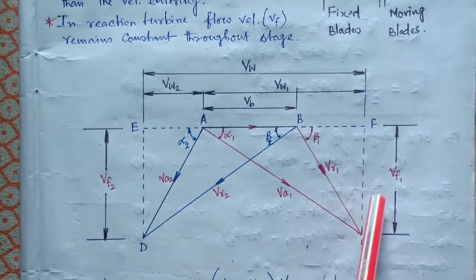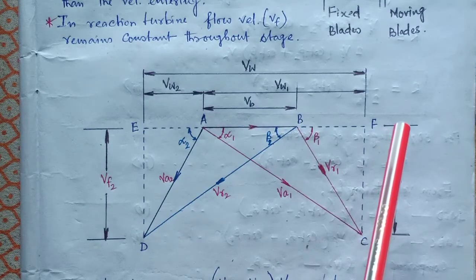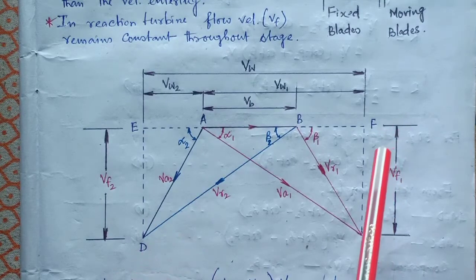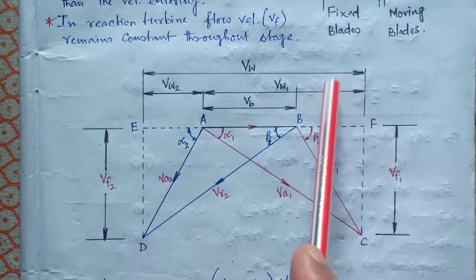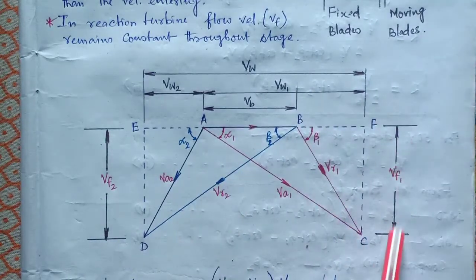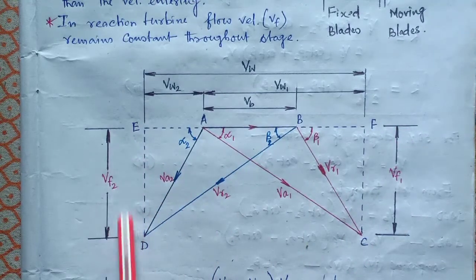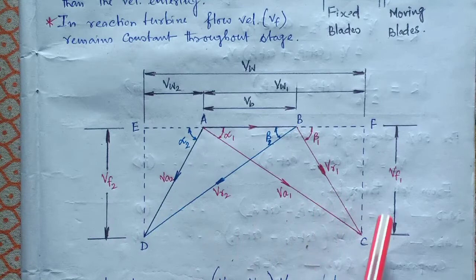Now, regarding the design aspects of the fixed blades and moving blades, as you can see, the lines VF1 and VF2 are both similar and equal.